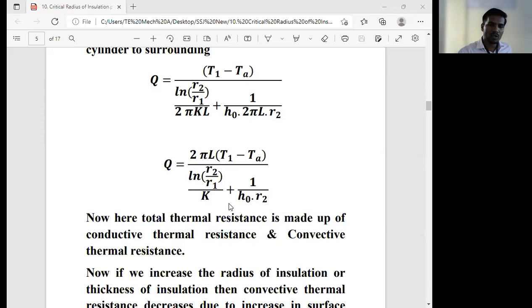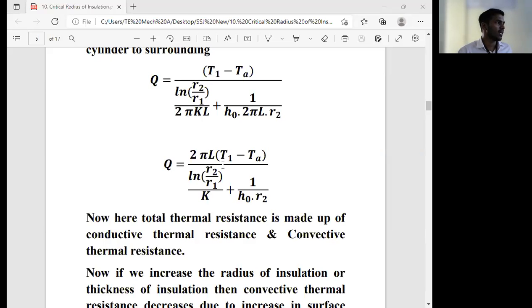Then what is the effect on this first resistance? Where is R2? It is in the numerator. So if R2 increases, that resistance will increase because R2 is in the numerator. And for the second resistance, R2 is in the denominator. If R2 increases, that factor will reduce.